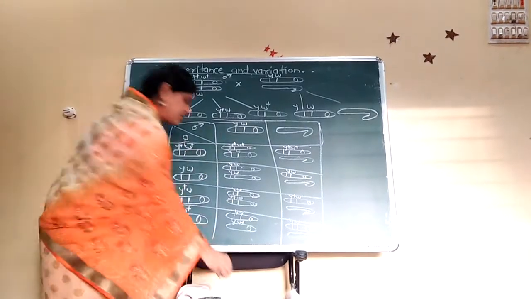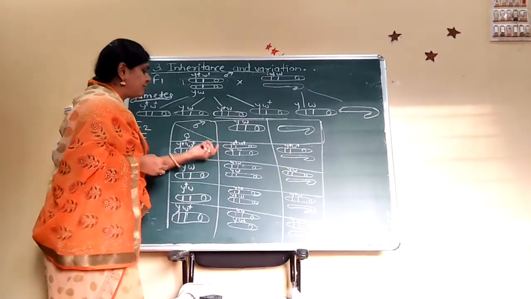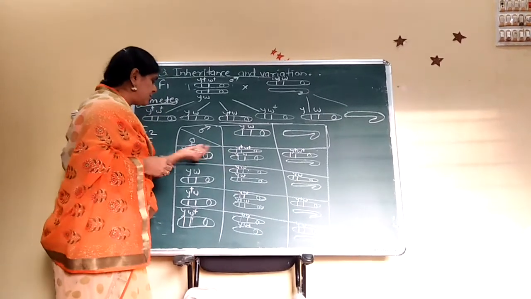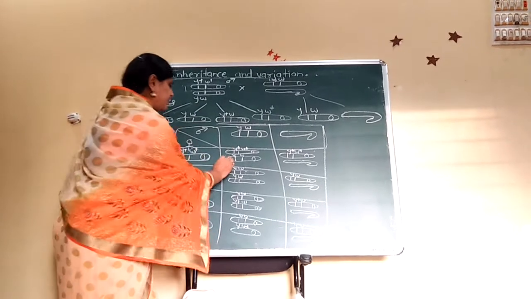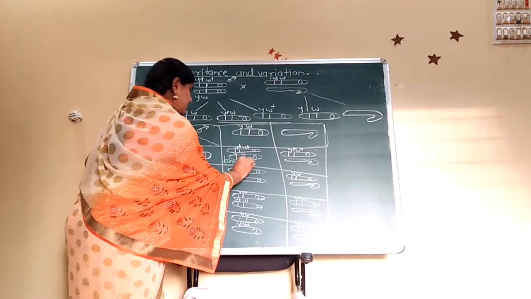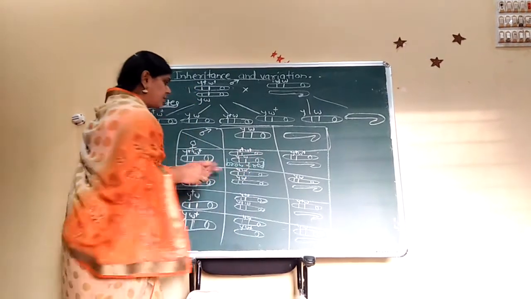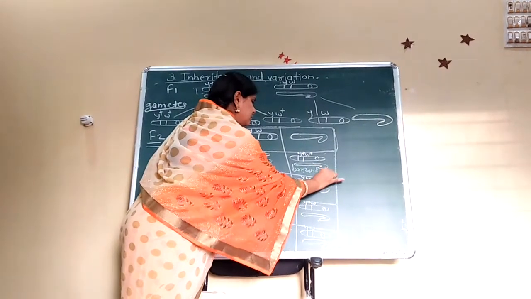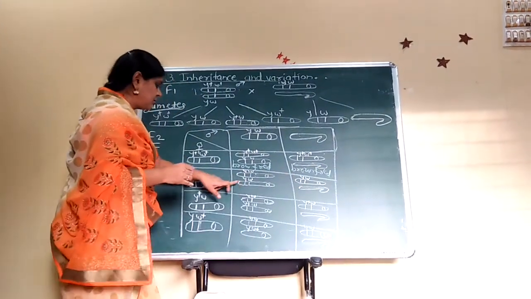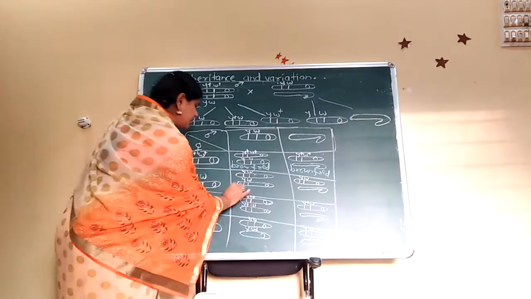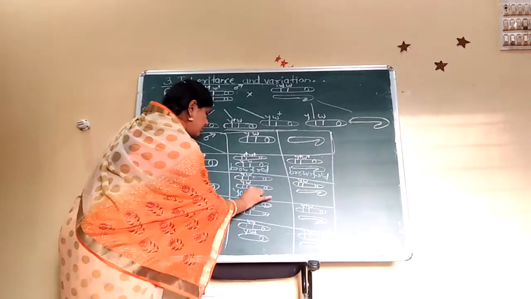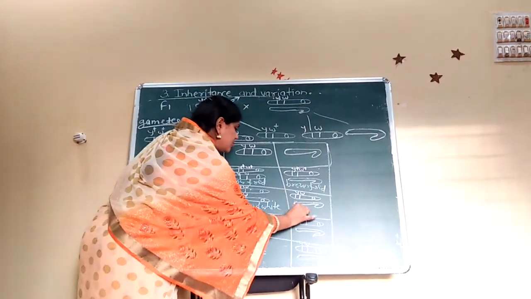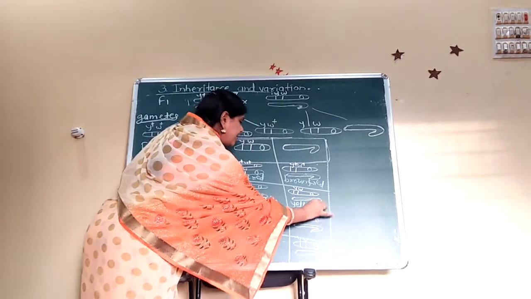Here in the first fusion of these gametes, because of the dominance, it shows brown bodies and red. Here also brown and red. Here not any dominant character, they are yellow and white. Here also yellow and white.